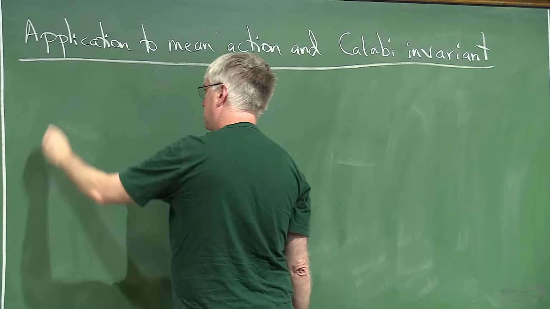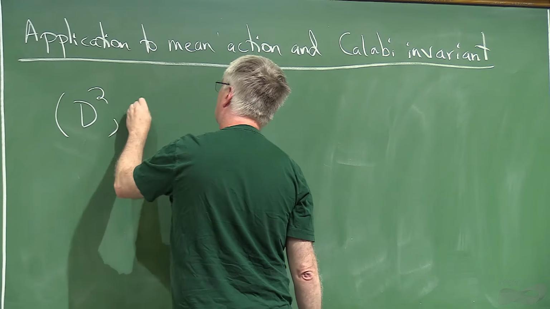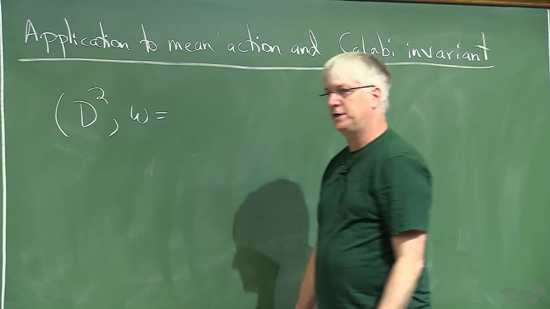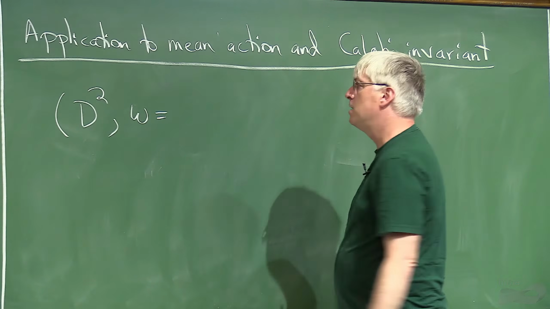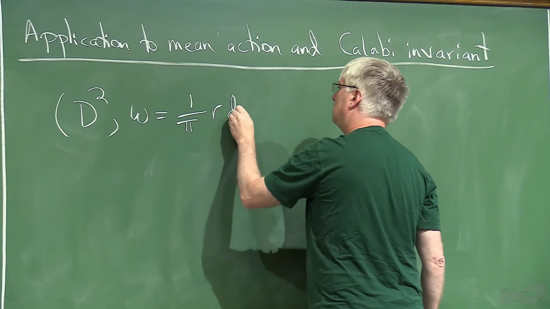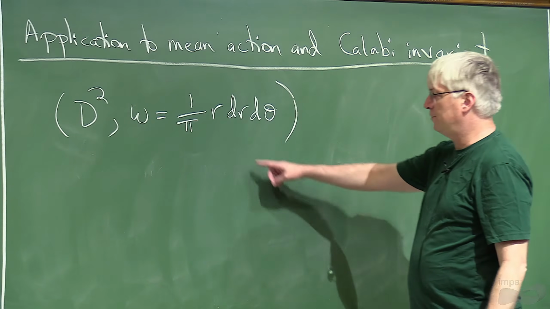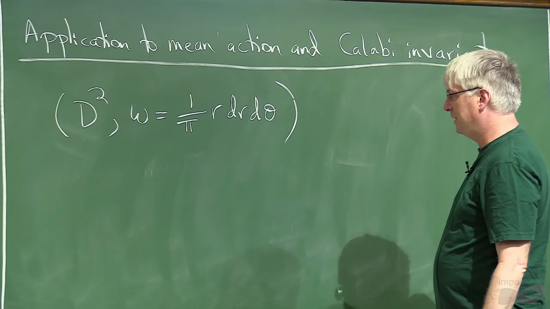So we start with the disk, and I take the symplectic form to have area 1. So in polar coordinates, it's 1 over pi times r dr d theta.